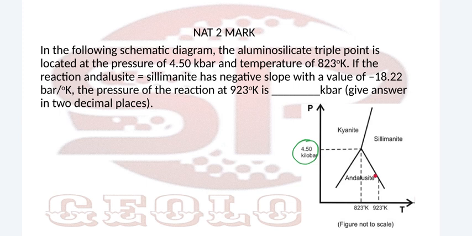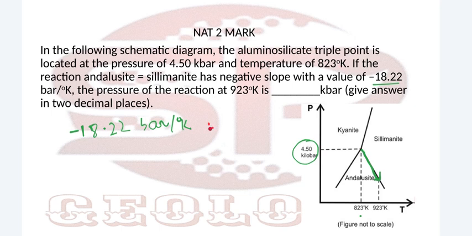When the reaction is proceeding here, the temperature changes from 823 Kelvin to 923 Kelvin, and the slope has a negative value of minus 18.22 bar per Kelvin.